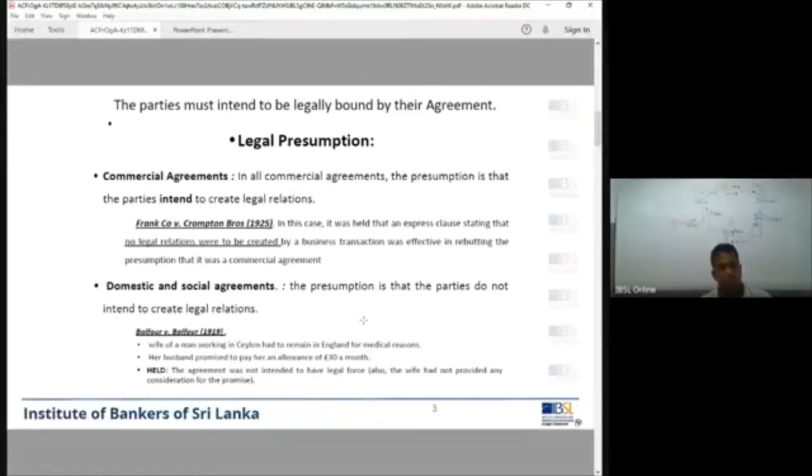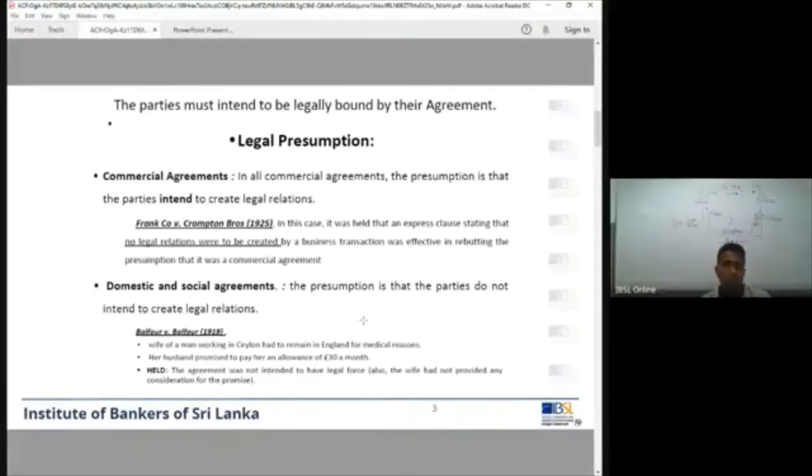So if it is a commercial contract, the legal presumption is parties always had the intention to create a legally enforceable contract. So that is number one. I have given here a case; if you can remember the case, fine, otherwise just forget about the case, just remember the principle or the presumption number one.